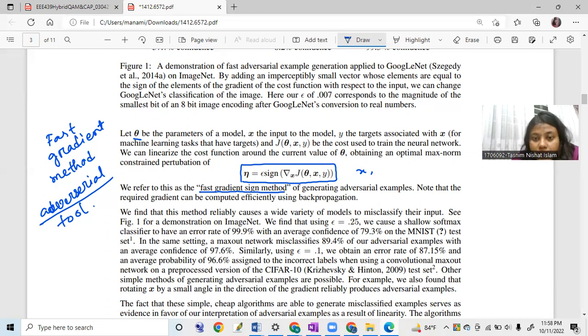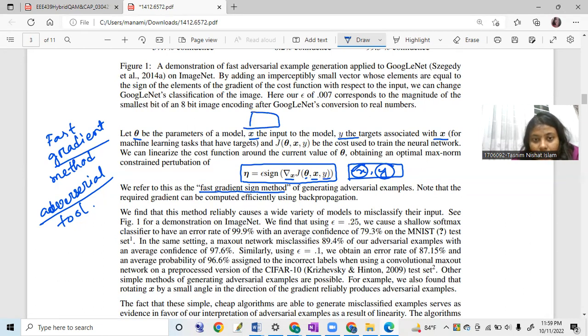So here x, y can be our input and target. Theta should be a parameter, and del x, I guess, is some sort of gradient function, because we know the gradient is represented like this. Okay, let's see. Theta is the parameters of a model, x is the input of the model, y is the target.